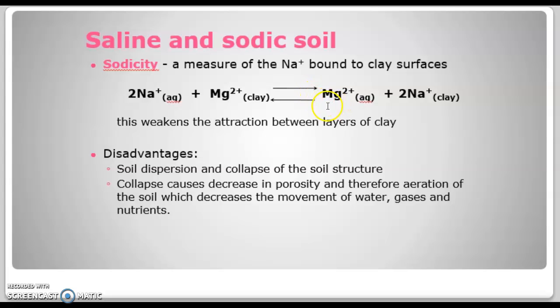But because we've got sodium now bound to the clay, it can cause issues with the attraction forces between those soil layers, and the soil starts to weaken and break down, and you get things like erosion occurring.